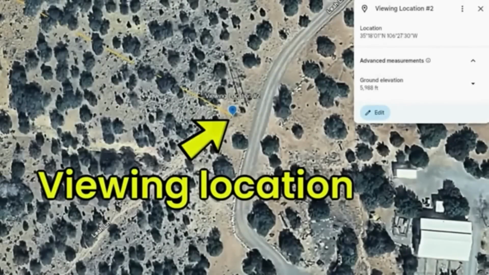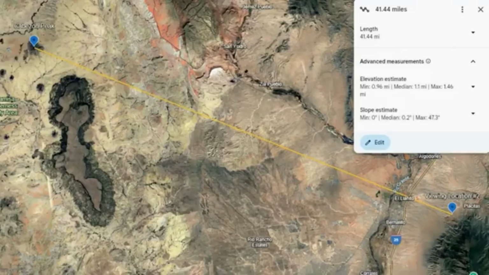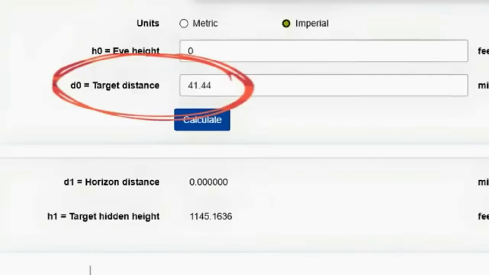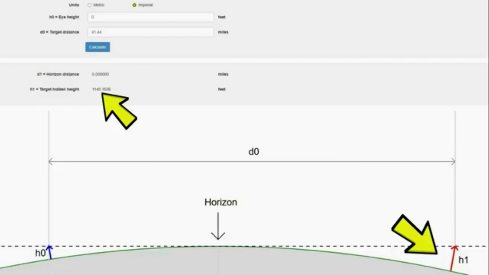My next viewing location has an elevation of 5,988 feet, with a distance of 41.44 miles, making the target hidden height, H1, 1,145 feet.